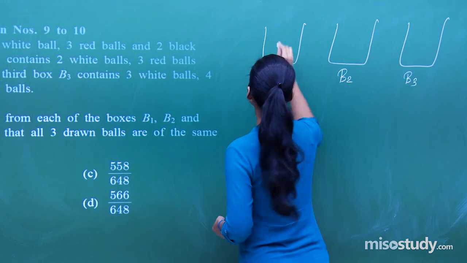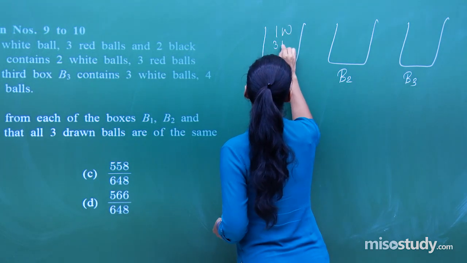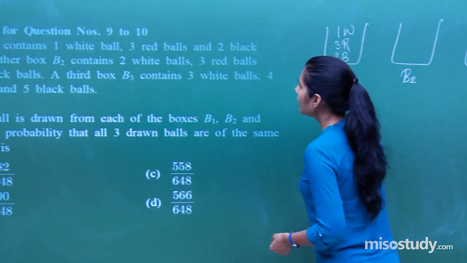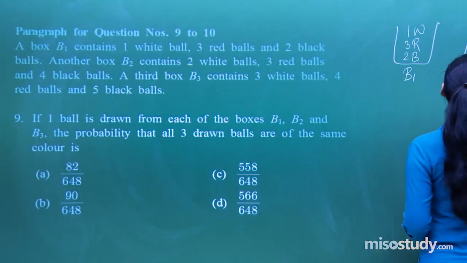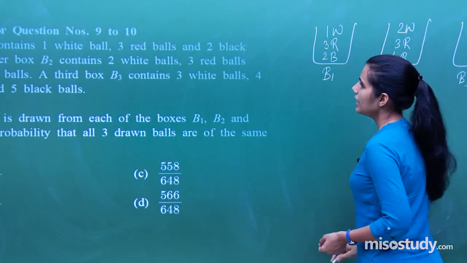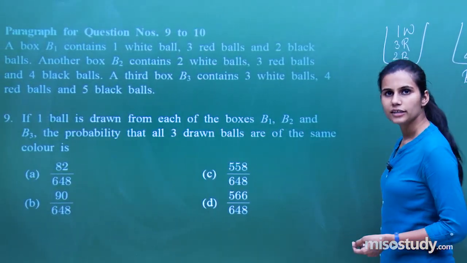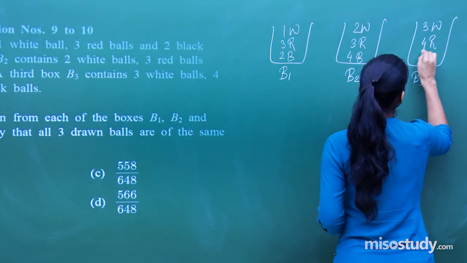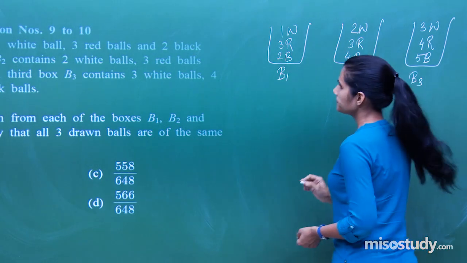B1 has 1 white, 3 red and 2 black. Then B2 has 2 white, 3 red, 4 black, and then B3 has 3 white, 4 red, 5 black.